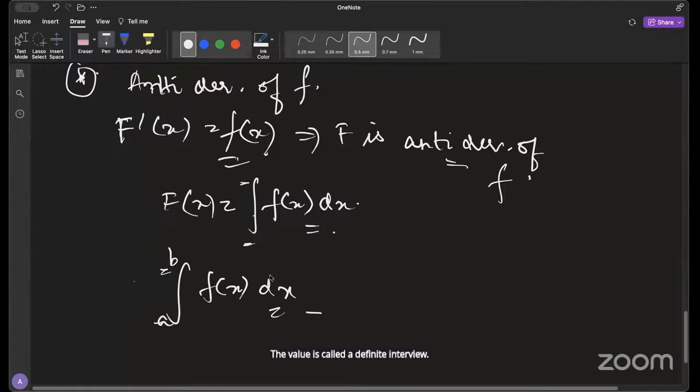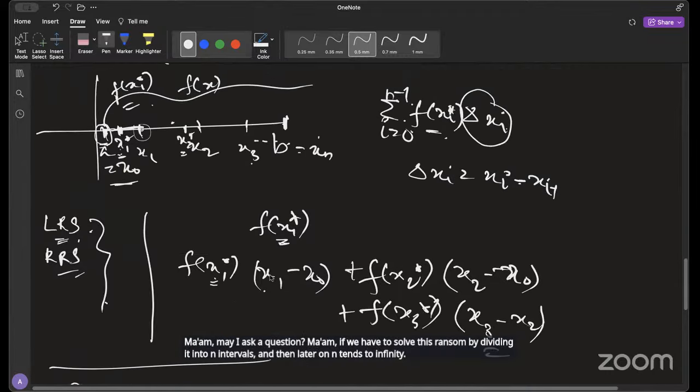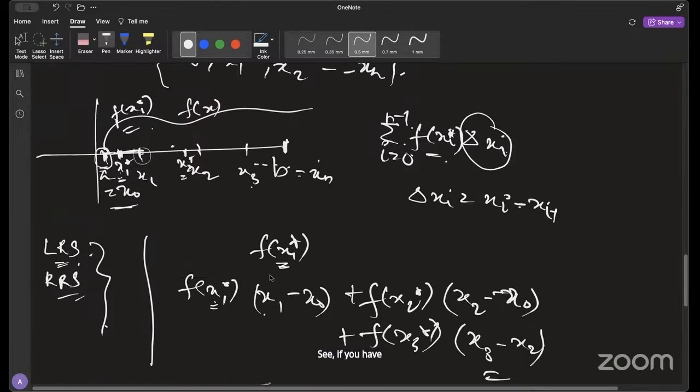Ma'am, if we have to solve this Riemann sum by dividing it into n intervals and then later on n tends to infinity, will it give the same answer if we just do the integral? There's something called Riemann integrable.